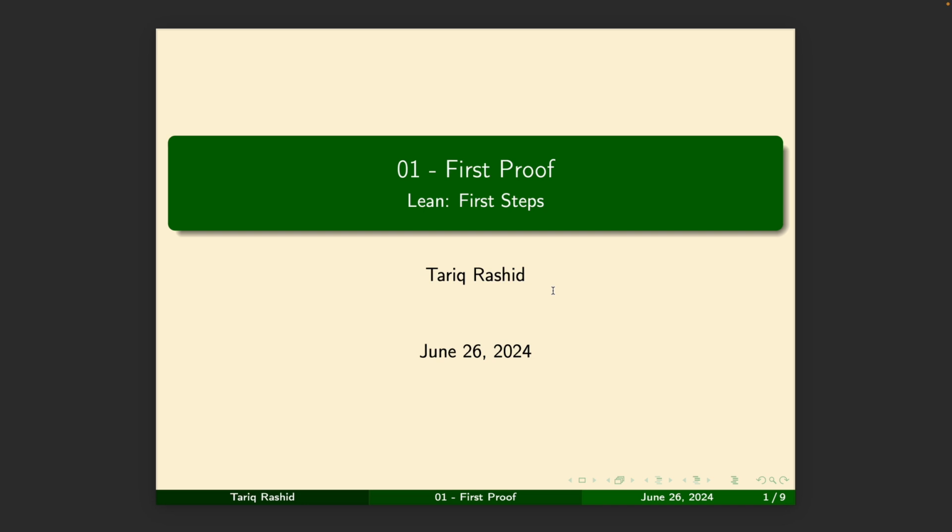So today we're going to be looking at our very first proof. Now before we dive in, I want to say that we are not expecting at all to learn Lean code today.